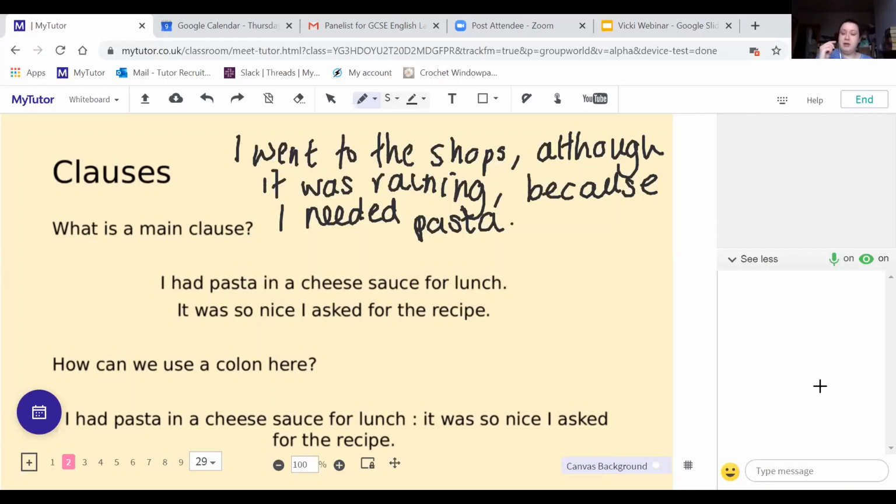So the embedded clause is "although it was raining". I could take "although it was raining" out. It's extra information. The sentence will make sense if I take it out. So I could just say I went to the shops because I needed pasta. I'm adding extra information there using what we call parentheses. That's using a comma before and after that extra piece of information. So that is what an embedded clause looks like.